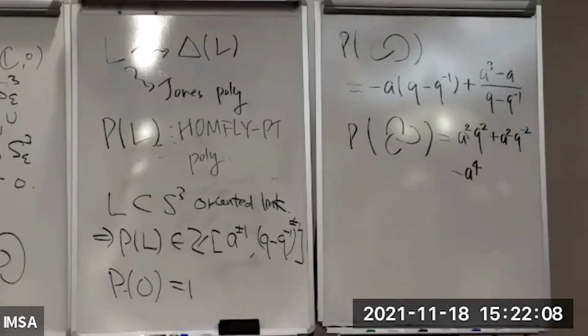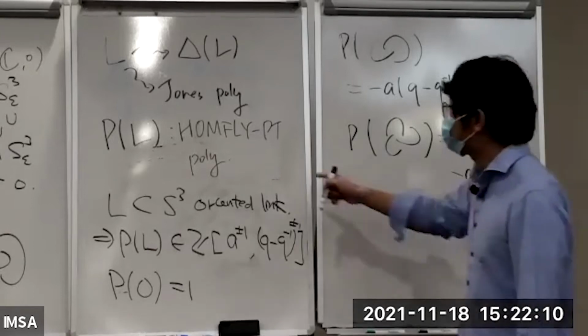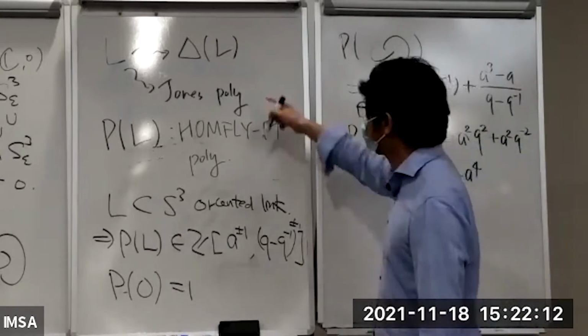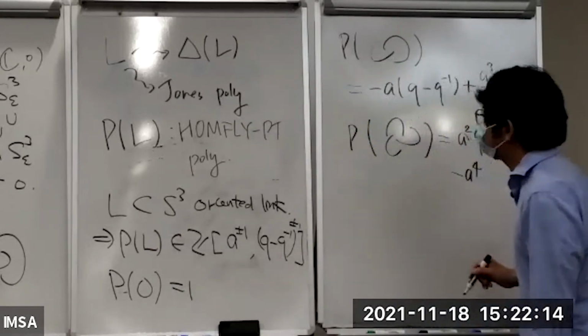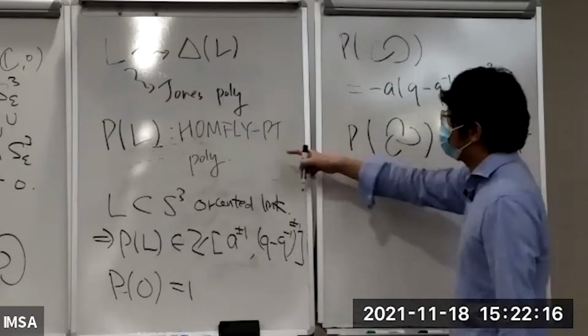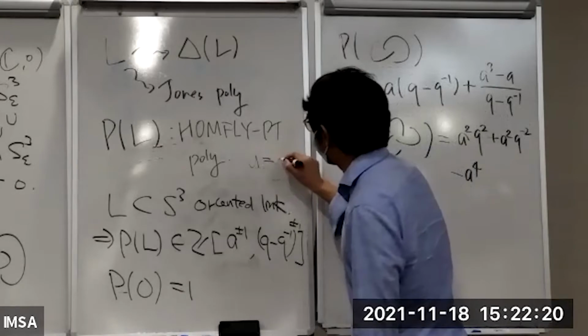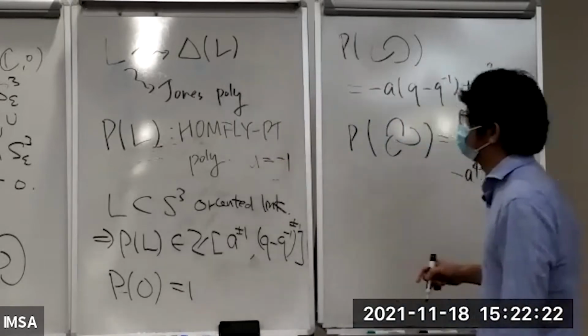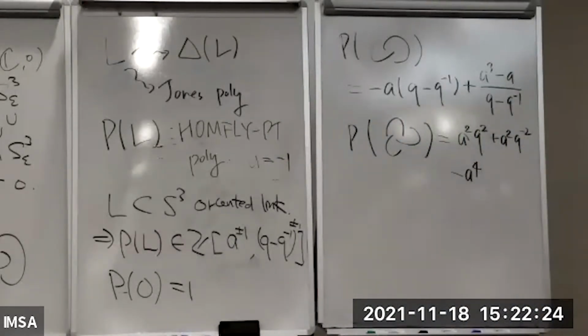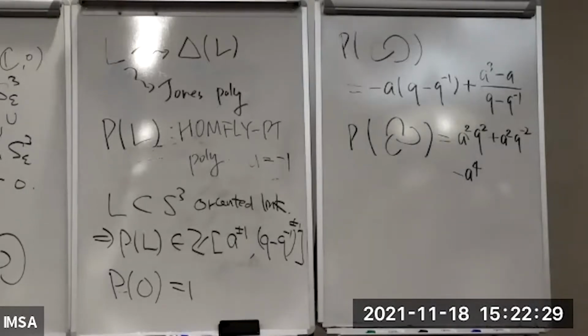So anyway, this is a topological invariant which generalizes these two. If I specialize the HOMFLY polynomial by setting a equal to q, then this gives me the Jones polynomial. I think everybody knows this much better than I.